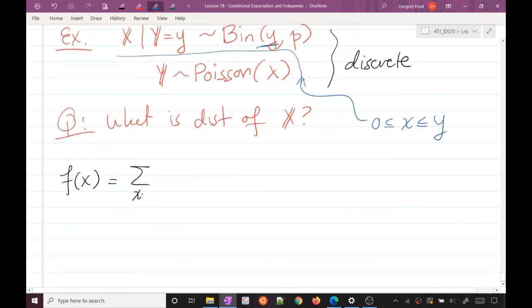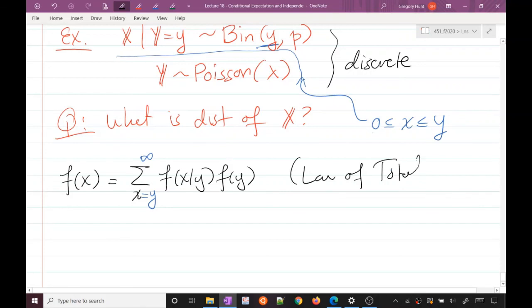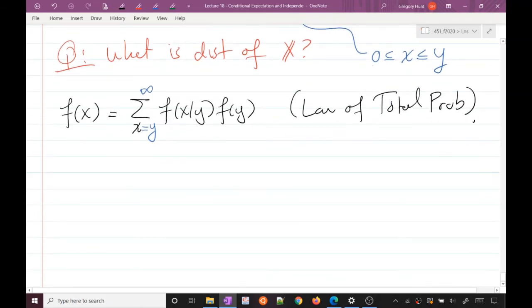So our sum, our support goes from y to infinity, and I'm summing f of x given y times f of y. That is our law of total probability. And this is just a kind of fun sum problem to solve.